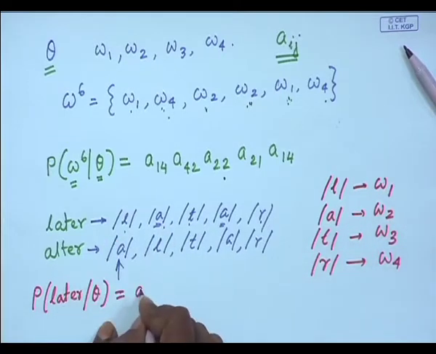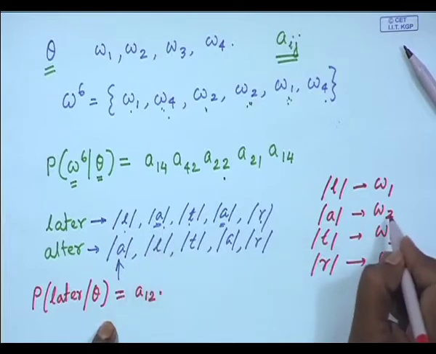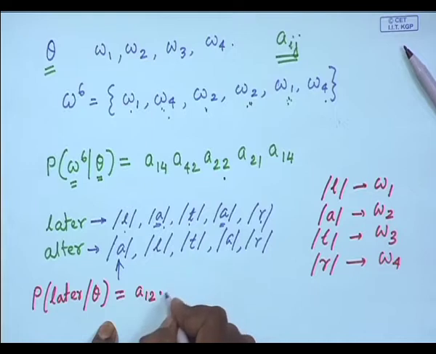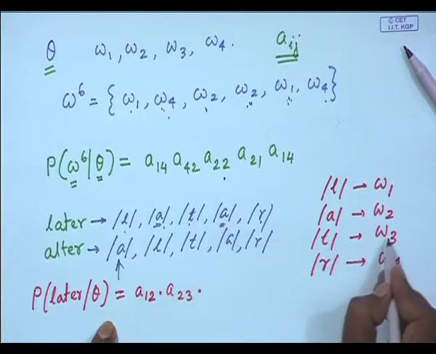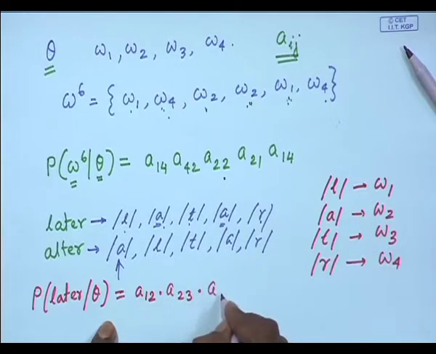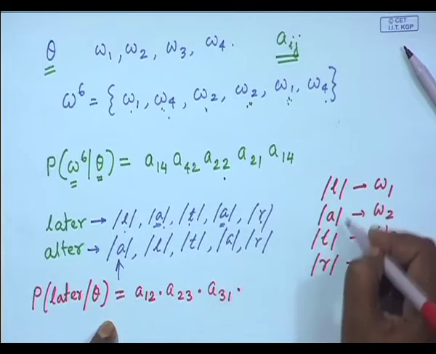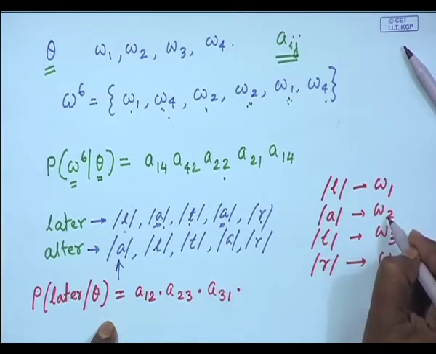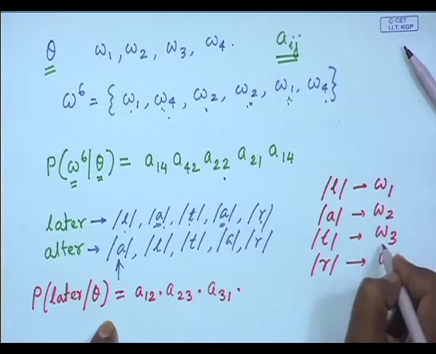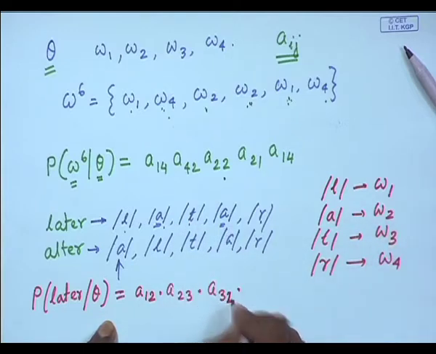So, it will be A 1 2 multiplied by A 2 3, then from ta to a, so 3 to 2, multiplied by a to ra, so 2 to 4.